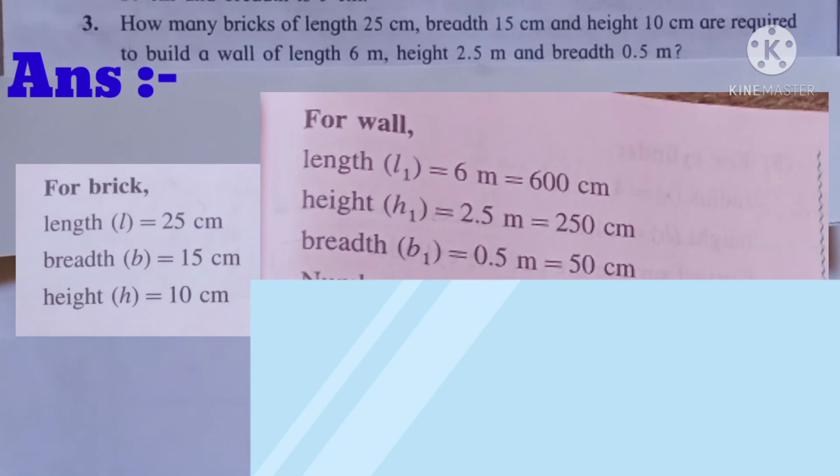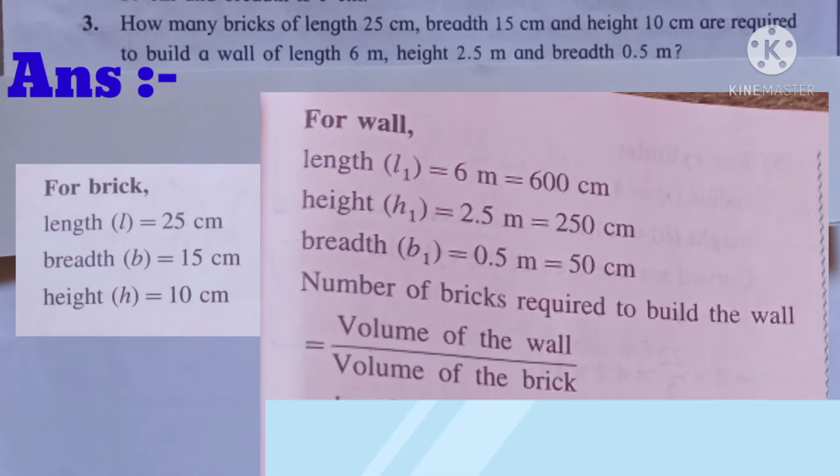Now students, we want the number of bricks required to build the wall. So if we divide the volume of the wall by the volume of the brick, then we can find out the total number of bricks. So let's do that. Number of bricks required to build the wall is equal to volume of the wall divided by volume of bricks. Now let's put the formula.